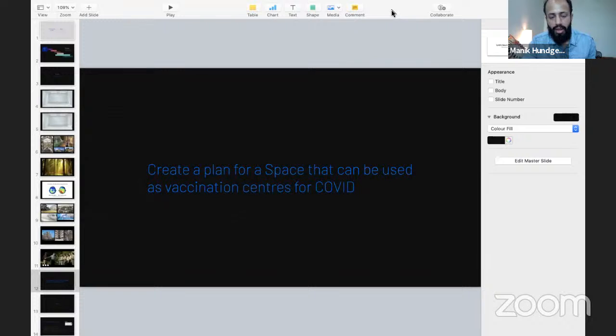And while we design such a space, something like a vaccination center, we have to think of how people are going to come in, stand, interact, et cetera. So let's move to that now that we have counted the users. We already know there are about 3 to 4 kinds of users.